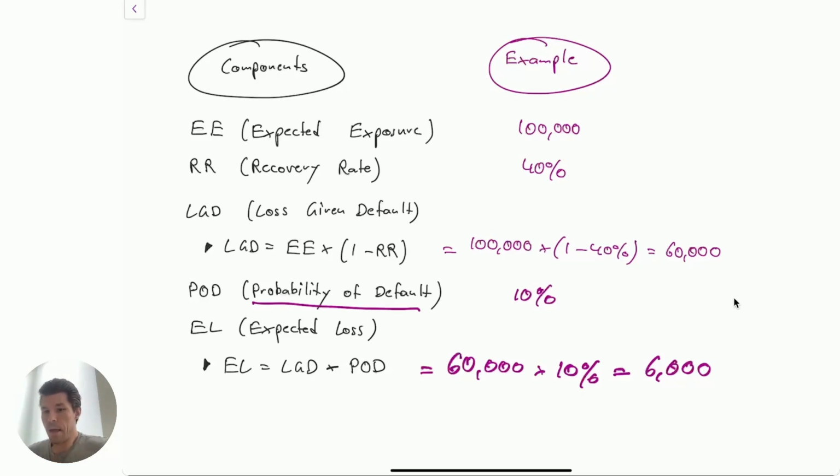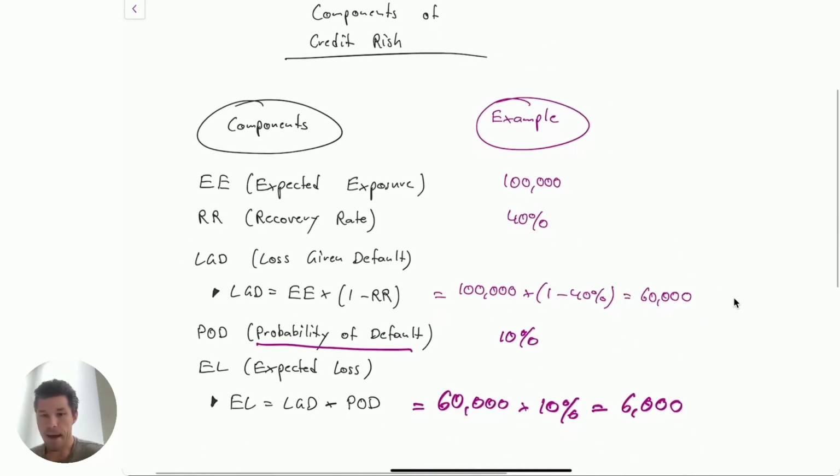And this simple example can be scaled to larger portfolios. For example, banks and bond investors use this framework to price loans, set interest rates, or determine credit spreads. And the expected loss provides a baseline for how much they should charge to cover the inherent credit risk. So that's an example.